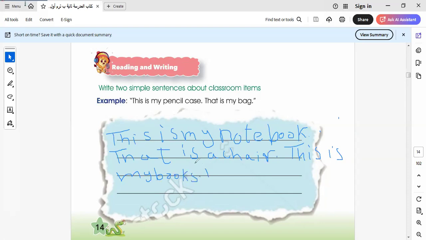That is a cupboard, and so on. That is a cupboard. Okay, let's continue the rest of the exercise.